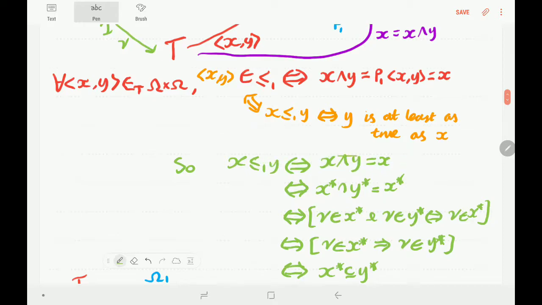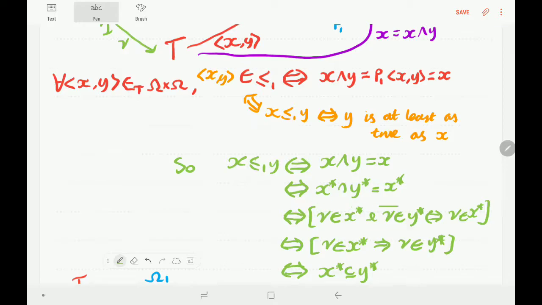more precisely, is that x and y is x, but pulling the true arrow along each of these equal things, we get that x star intersection y star is x star, where x star is the monic classified by x.